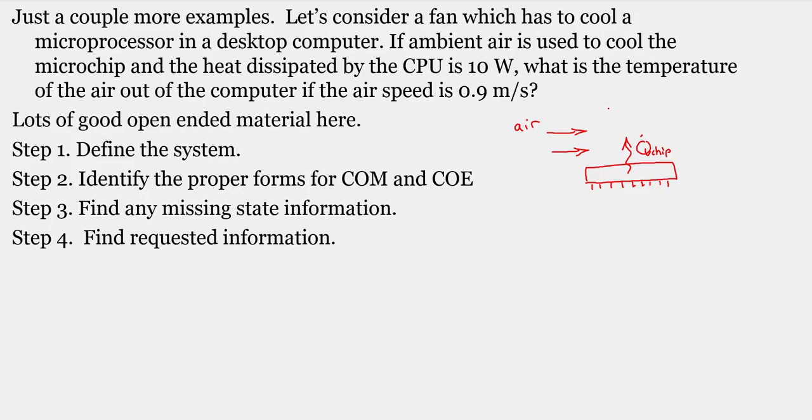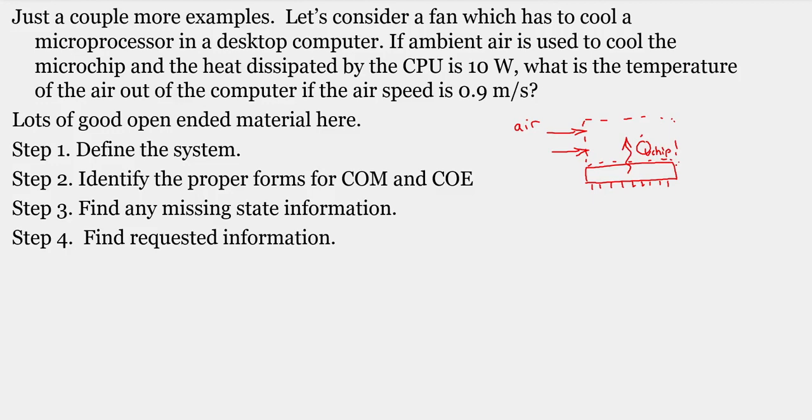And if I want to know what the temperature of the air is, then I have to consider the air as the system. And I think that might be very intuitive and obvious, but it isn't always. But again, if you're asking for thermodynamic information, it has to be associated with the fluid that you're talking about. The system that you consider has to be associated with the fluid that is relevant for that thermodynamic data.